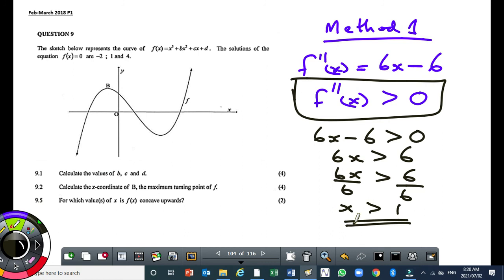So maybe I end up showing you 3 ways of doing it. Only for today, I'll show you 3 ways. Methods 2 and 3 have a different way of finding the x value at the point of inflection. So let's go to method 2.